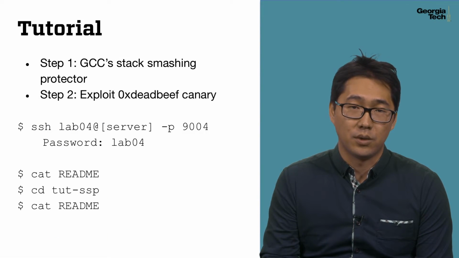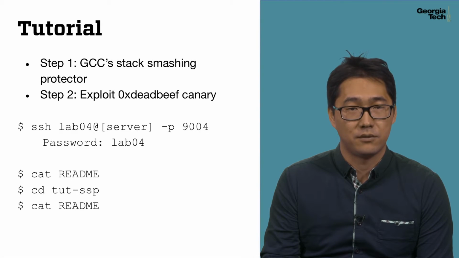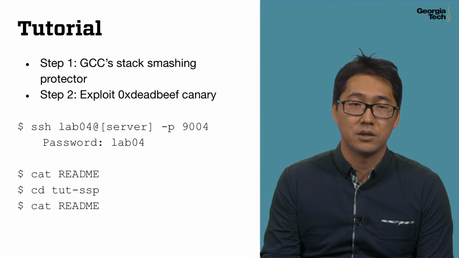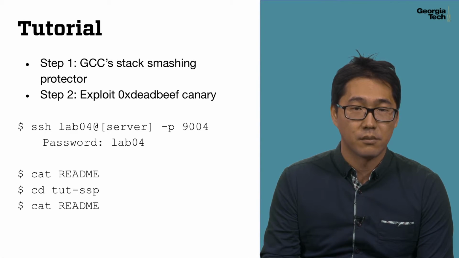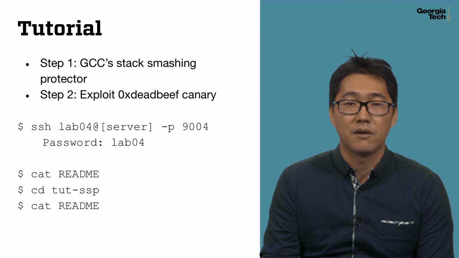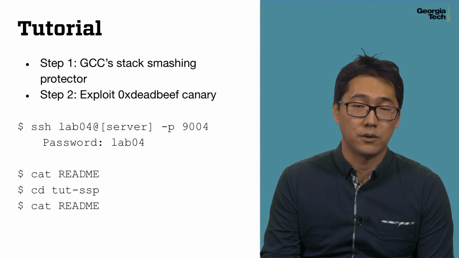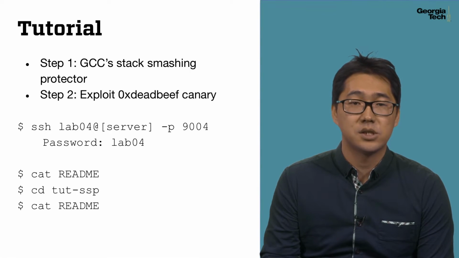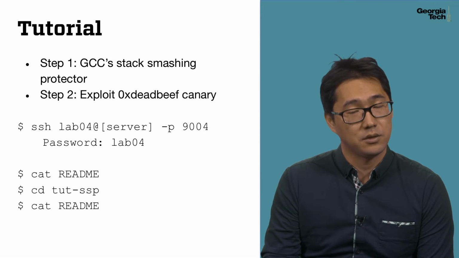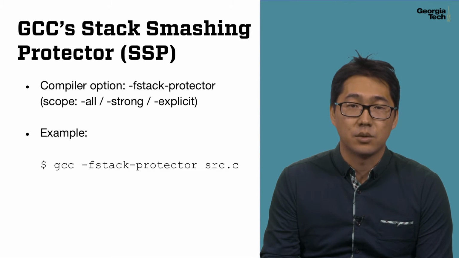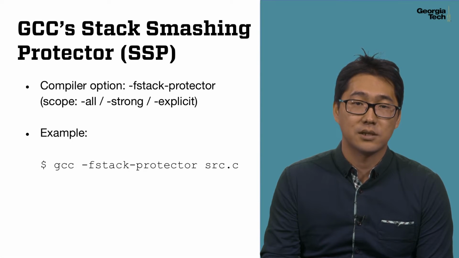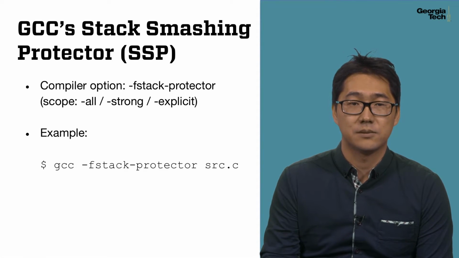To access the tutorial, you first have to log into the lab server hosting this week's lab challenges, so please find the exact information in separate material. Once you log into the server, you can find README files under the tutorial SSP directory, which describe the details of each step that you should follow. GCC implements its own stack canary scheme called Stack Smashing Protector, shortly SSP.